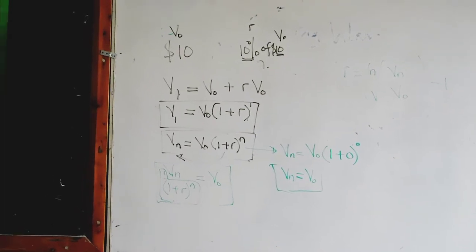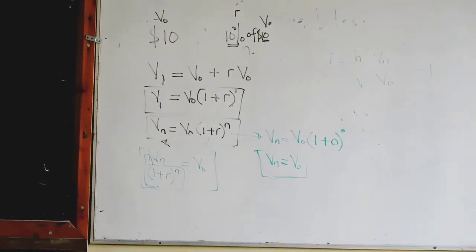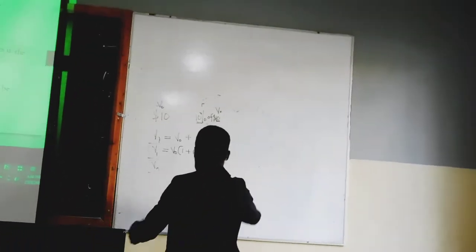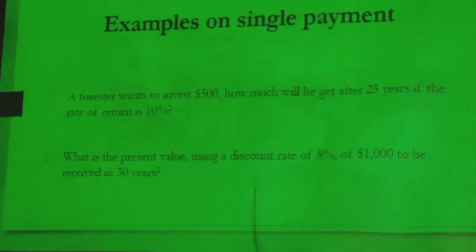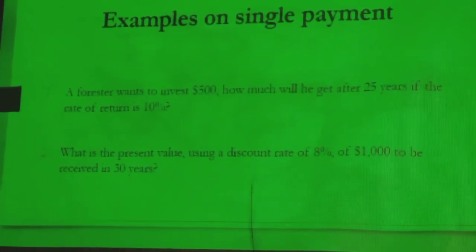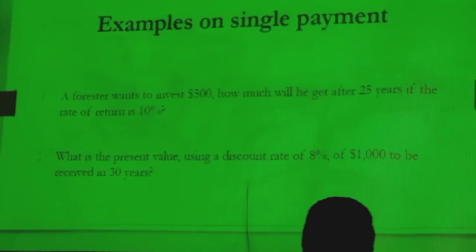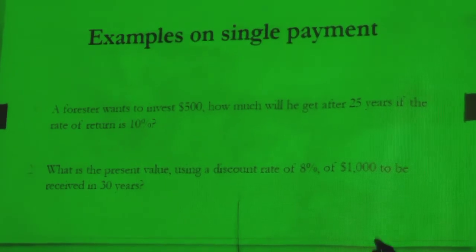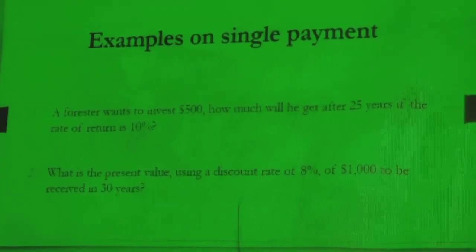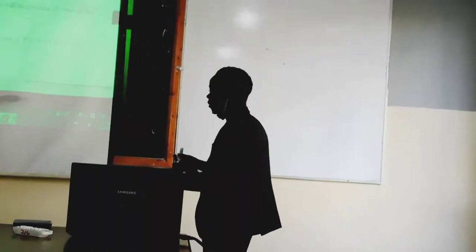So let's look at some of the examples. The rate is called by many terms, for example, rate of return, discounting factor, discount rate, and other names according to different books.